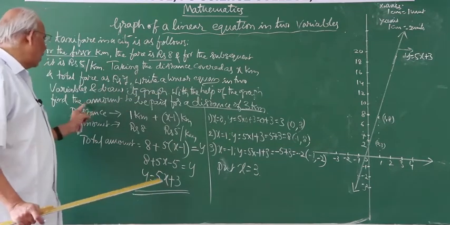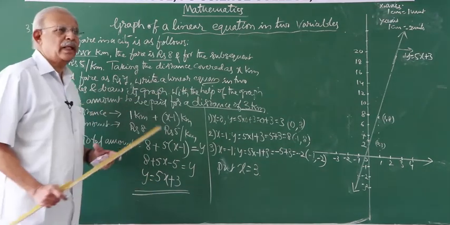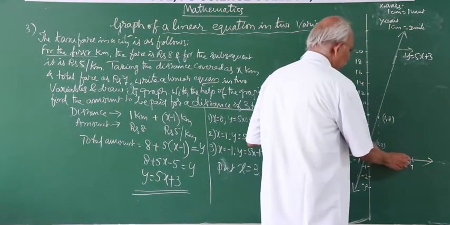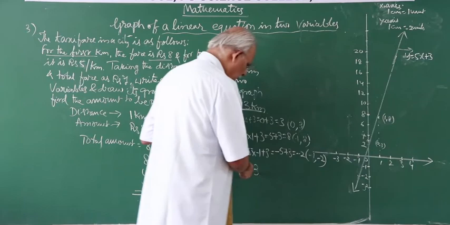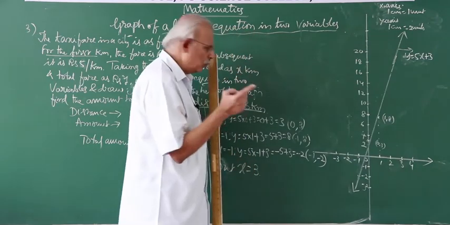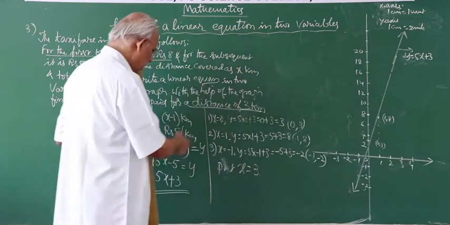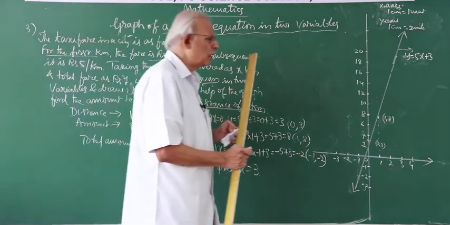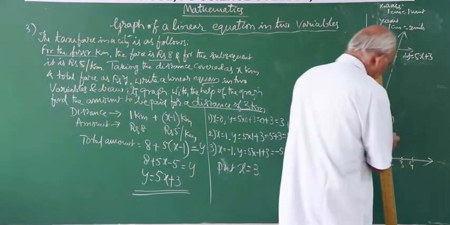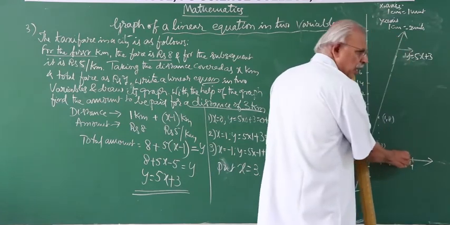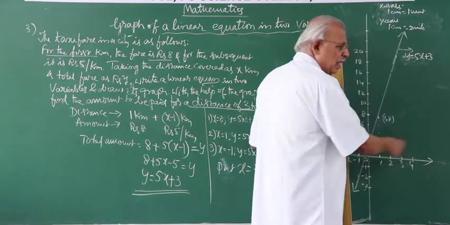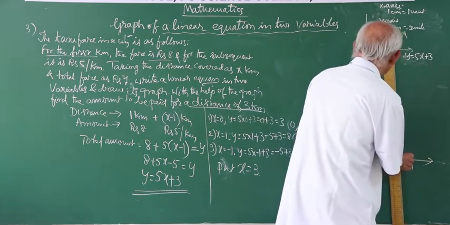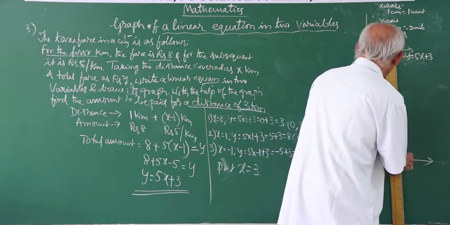With the help of the graph, find the amount to be paid. Therefore, with the help of the graph, you take 3 here. X equals 3. I have told you, you should not substitute in this, like 3 fives are 15. Now, from 3 kilometers, this distance is taken along the x-axis. Now from this, draw a line.